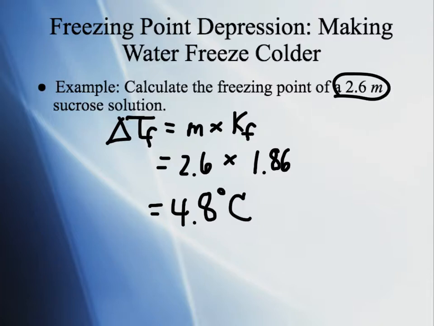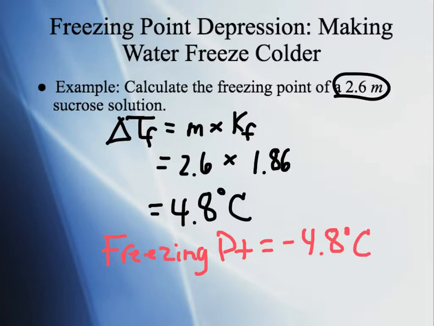So the change in freezing point is 4.8 degrees Celsius. That's the difference. So the actual freezing point is going to be negative 4.8 degrees Celsius. This is what the solution is now going to freeze at with this sucrose added.